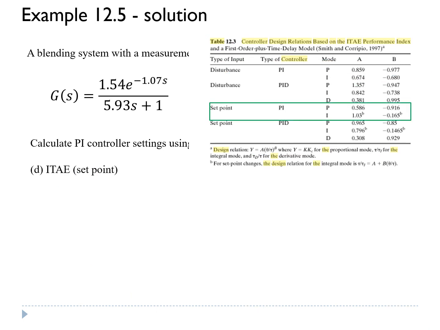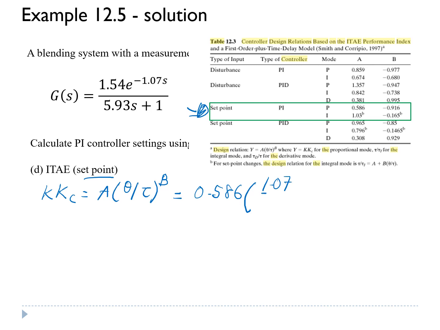Last but not least, for set point change, you need to refer to this row. So the value of K times Kc will be equal to, using the same relation as in part C, but different values of A and B. So now your A is equal to 0.586 times 1.07 over 5.93, to the power of B, your B now is negative 0.916.